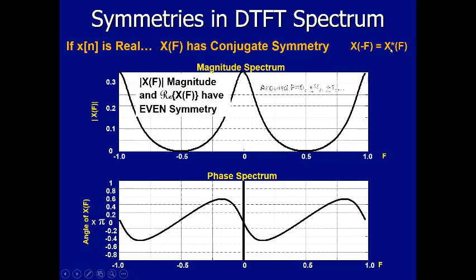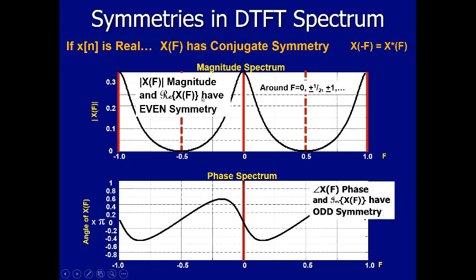Now for our signals, that conjugate symmetry is what gives rise to having even symmetric magnitudes and odd symmetric phases. And again, that symmetry applies both around f equals 0 and f equals 1 and all the multiples of that, and also around the Nyquist frequency and its multiples.